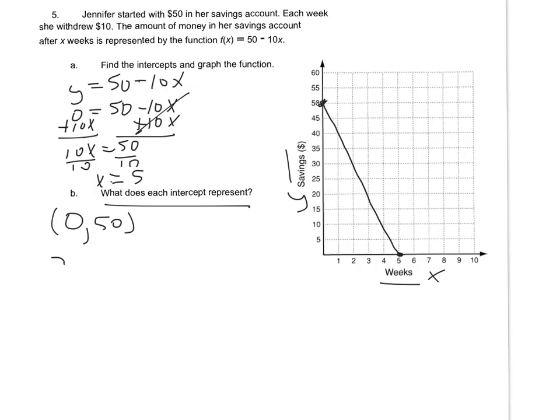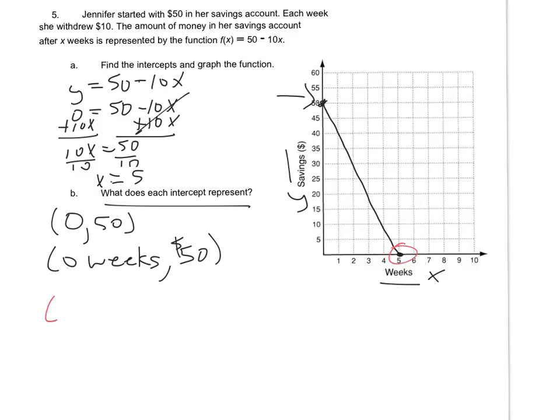So when I have 0 weeks, I will have $50 in my savings account. That's what this first one means. But now, what does this one mean right here?